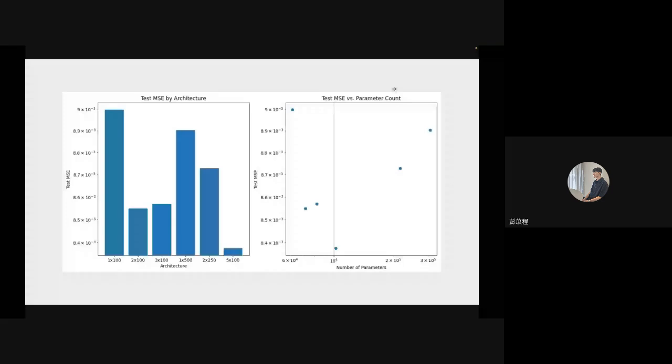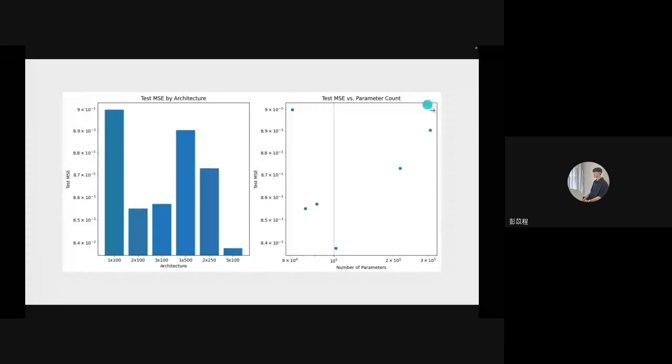Okay, and then next is the scatter plot that maps the number of network parameters against the test MSE. We found no monotonic relationship in this figure.